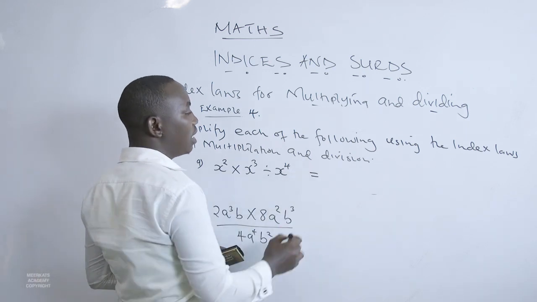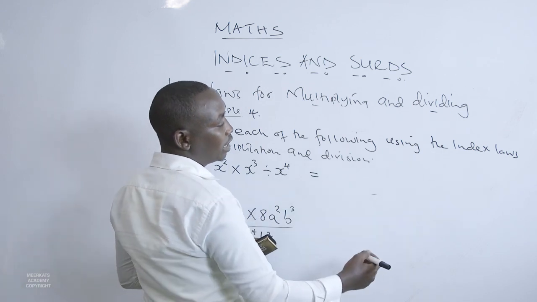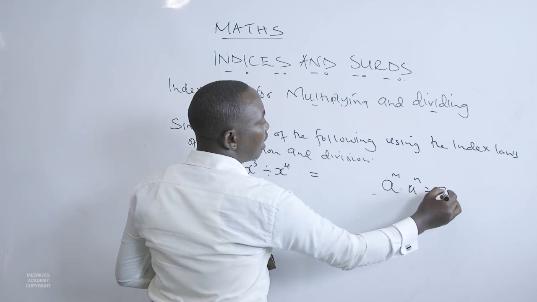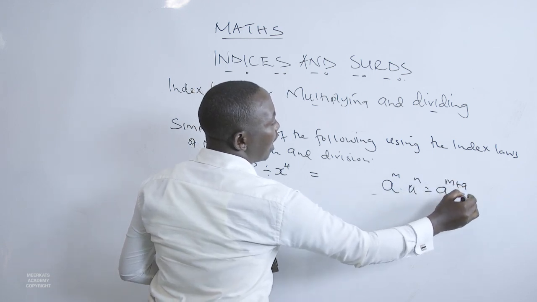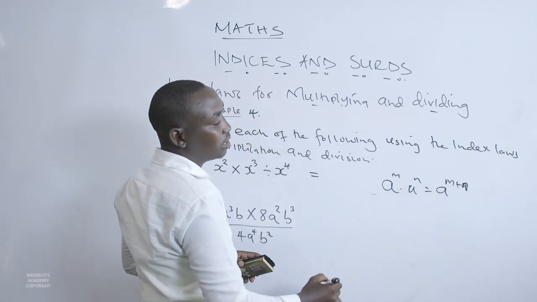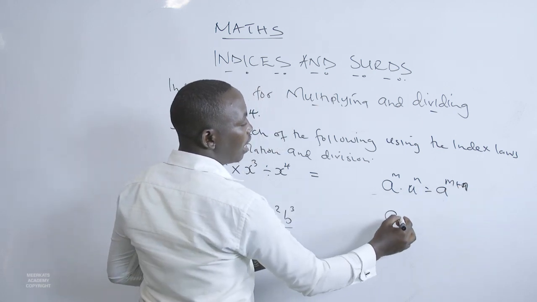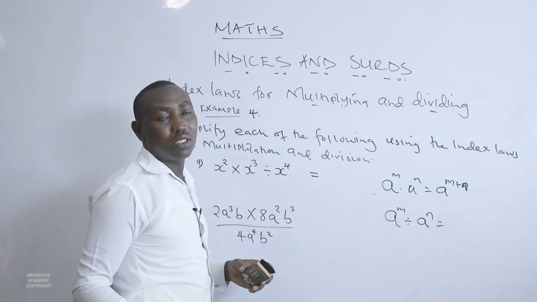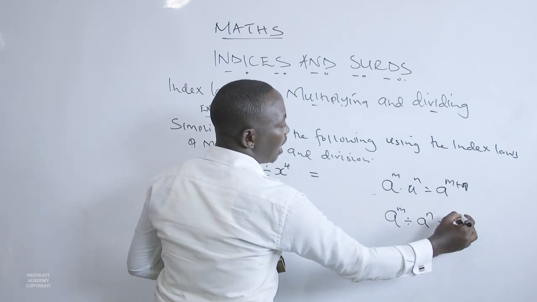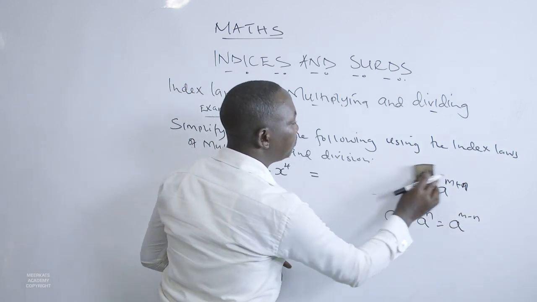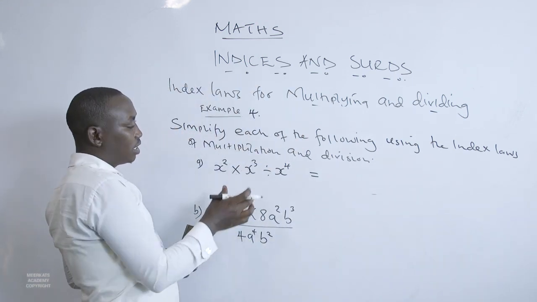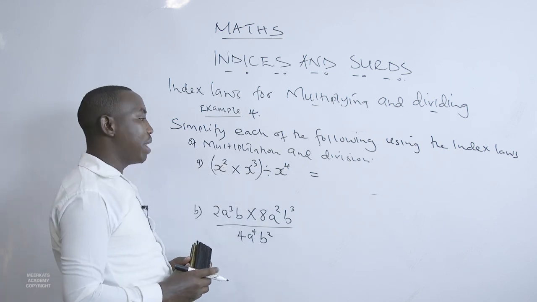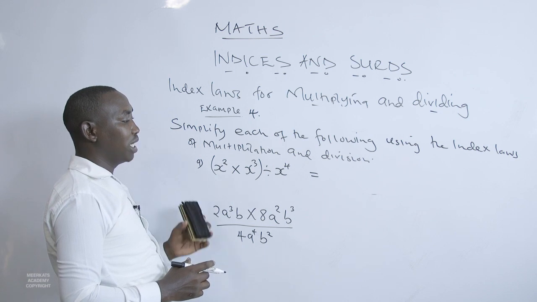So I'll begin with the first one. Always recall that the law for multiplication says that if you have a raised to m multiplied by a raised to n, then the result will be a raised to the sum of the powers. Then for the division law, a raised to the power of m divided by a raised to the power of n, we get the difference of the powers, which shall be a raised to m minus n. So here we first look at these two, we shall apply the index law of multiplication.